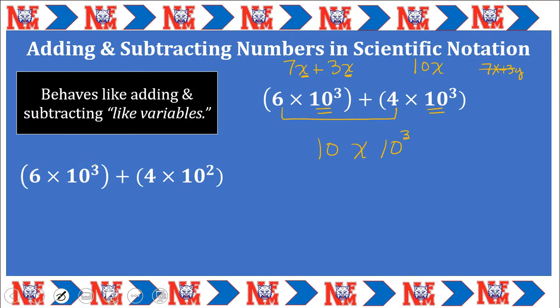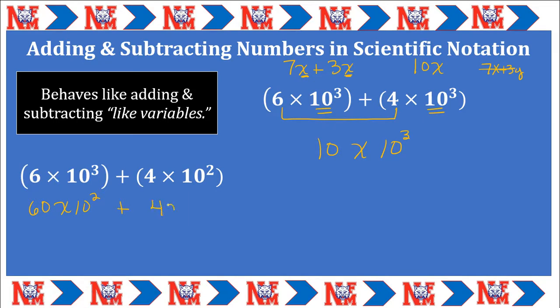If I decrease this exponent by 1, I must increase this coefficient by moving the decimal once. So I am going to rewrite this scientific notation into an equivalent expression. It's like I took a 10 from here and put it with a 6.